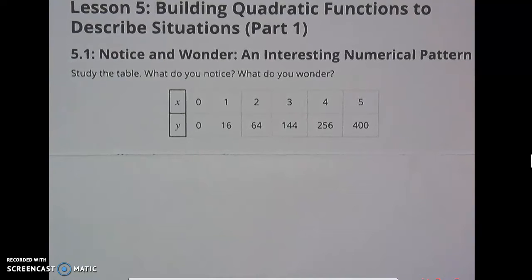We've talked a lot lately about linear functions, exponentials, or quadratics, so is it one of those particularly, and how do we know? If there were another number in the table, what would it be? Those are all things that we might wonder, and of course there's other things that you might notice or wonder about this. But we're going to be seeing this data again.